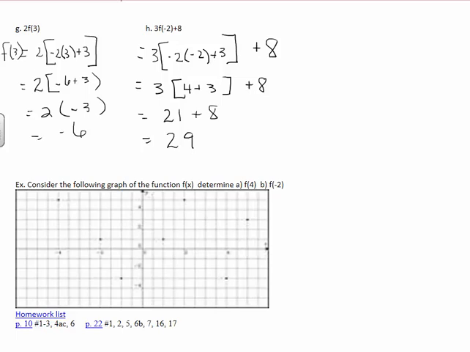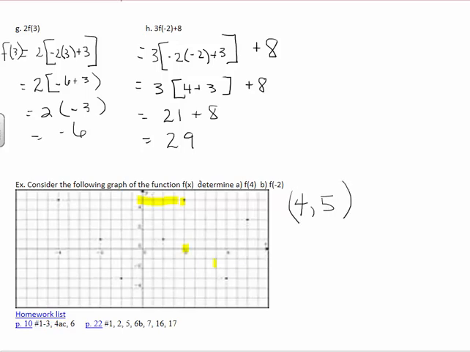So if we're looking for f at 4, right here, that's 4. 4 lines over. So when x is 4, we're wondering what y is. That dot there, so we read across, over, 1, 2, 3, 4, 5. So when x is 4, we know that our y value is 5.